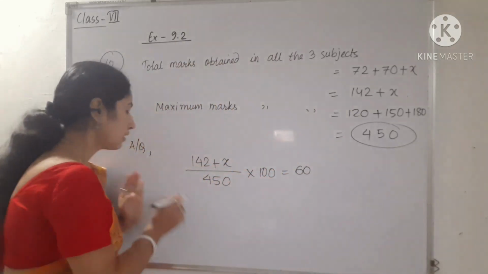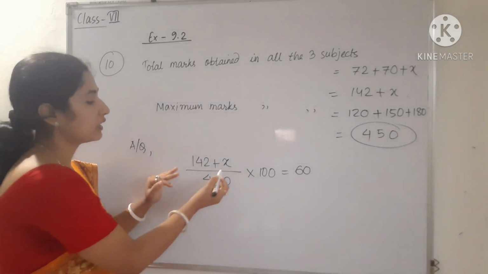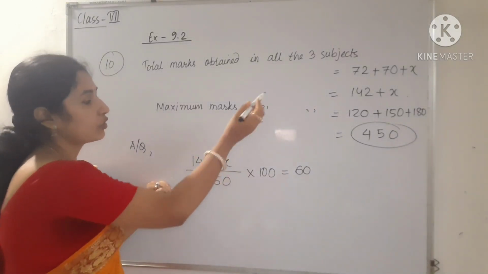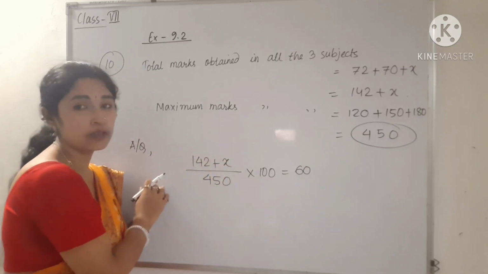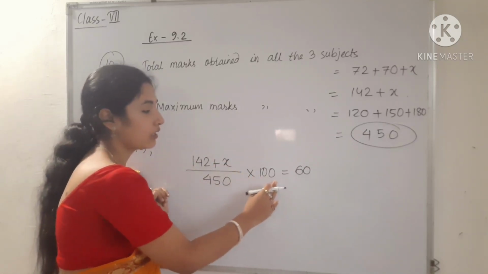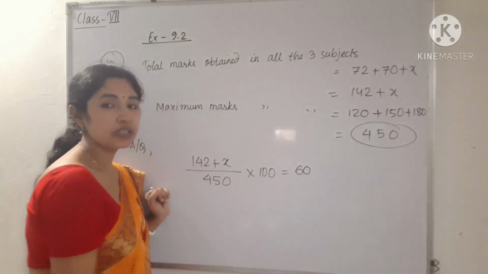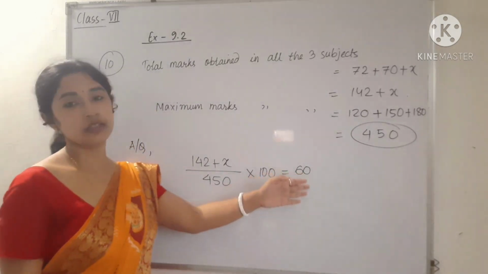So according to the condition, we can write that the total marks obtained, that is 142 plus x, whole divided by the total maximum marks, that is 450, and if you multiply it with 100, that will be equal to the percentage in all the 3 subjects, and that is 60.